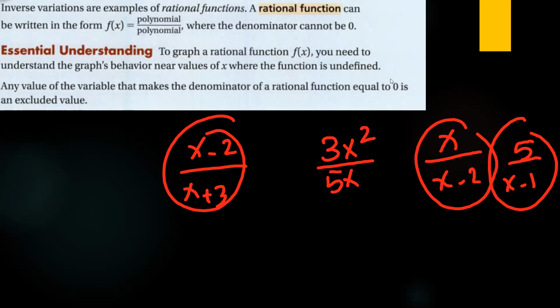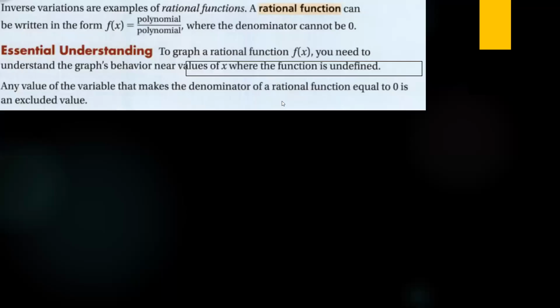To graph any function, the first step is to find where the excluded value is. What do I mean?